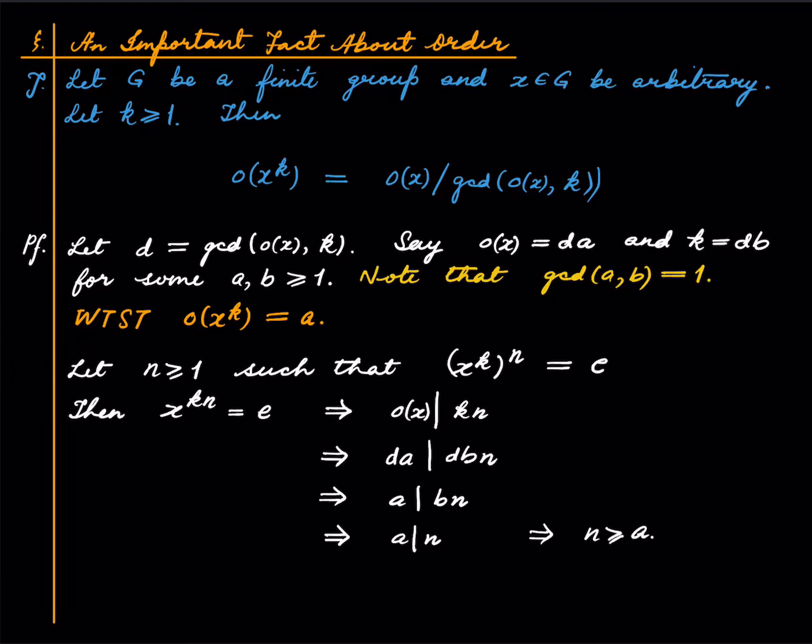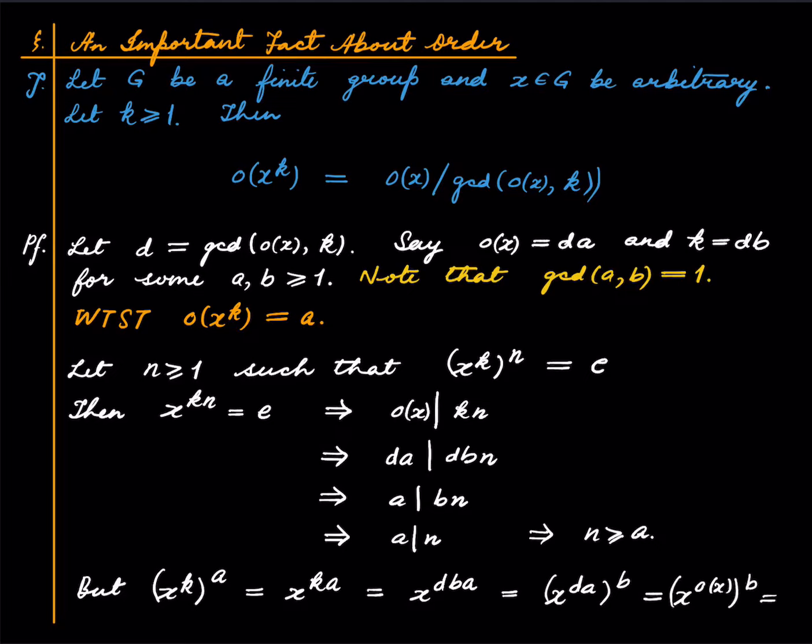Right? But it is clear that x to the k to the power A equals x to the kA equals x to the dBA equals x to the dA to the power B, which is equal to x to the order of x to the power B, which is identity, because x to the order of x is identity.